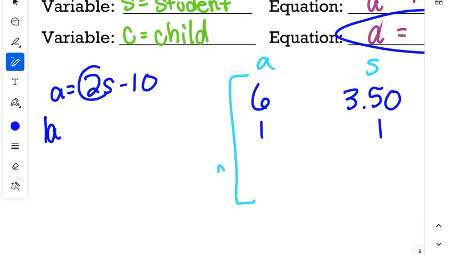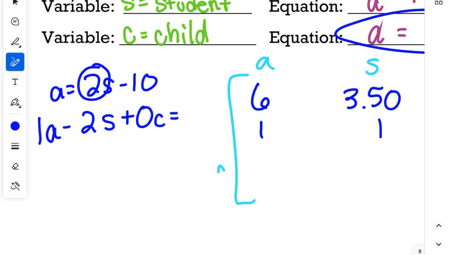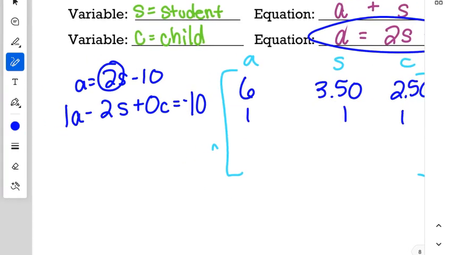We've got to get 2S onto the other side of the equal sign. So it's going to be minus 2S. And then there is no C, so what do I put in the place of C? So 0C equals negative 10, which stayed where it was.